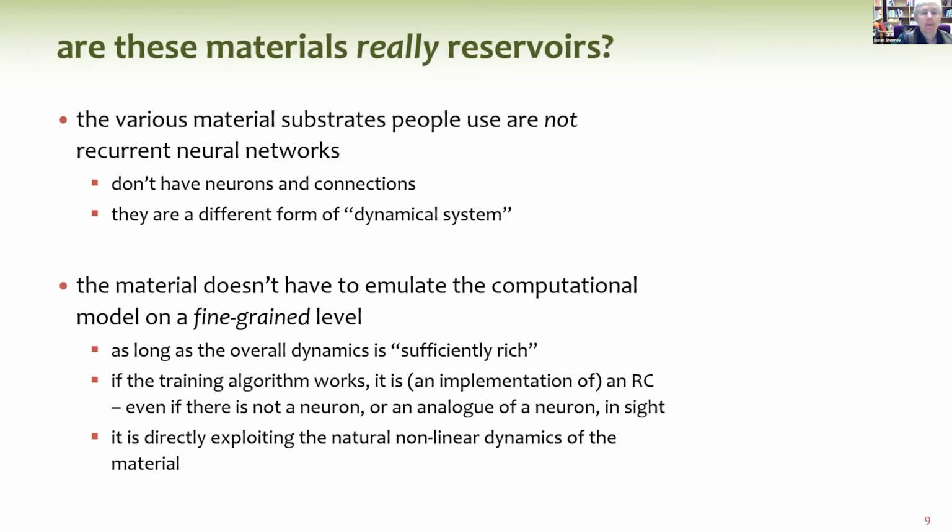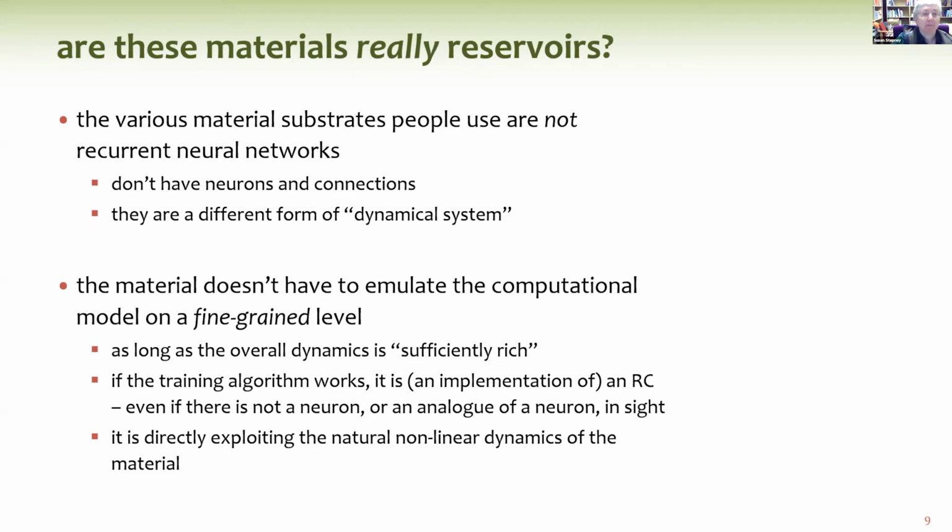As long as the dynamics are sufficiently rich to be able to separate the input signals into this high-dimensional nonlinear space, and as long as the training algorithm works, then we can consider these things to be a physical implementation of the reservoir computer abstract model, even if there is not a neuron or even an analog of a neuron in sight.